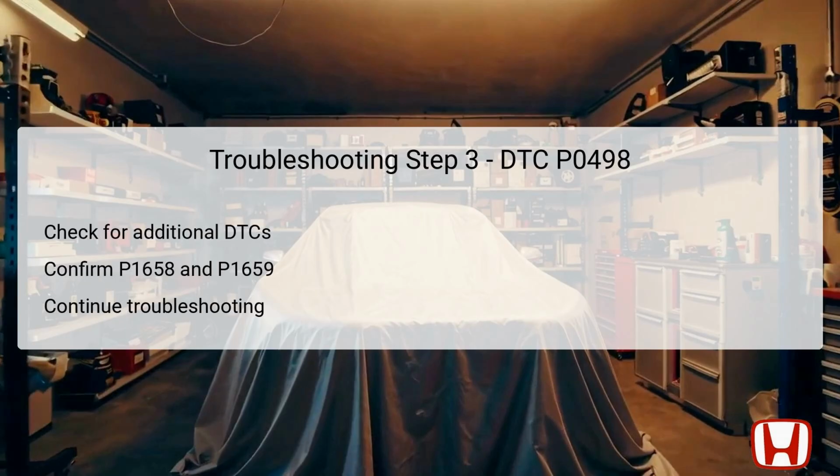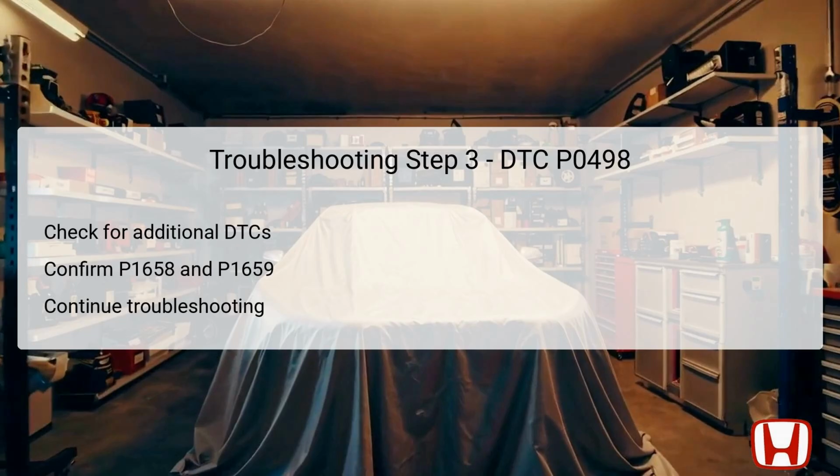During this phase of troubleshooting, the focus shifts to checking for any additional DTCs using the HDS. Specifically, you are looking for the presence of DTC P0658, ETCS control relay on malfunction, and DTC P1659, ETCS control relay off malfunction.